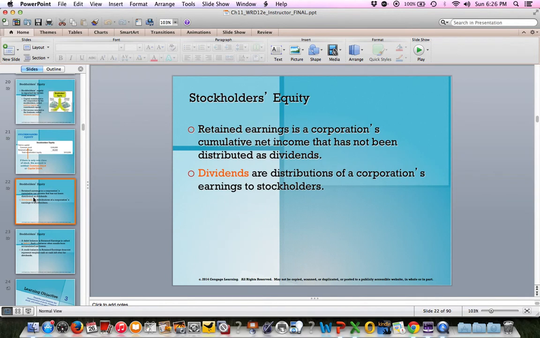Retained earnings is cumulative net income that has not been distributed as dividends. Remember, once you have net income, if you want to, you can pay some of that out to your shareholders, and that would make retained earnings go down, but retained earnings goes up for net income. Dividends are just distributing earnings back to the shareholders of the corporation.